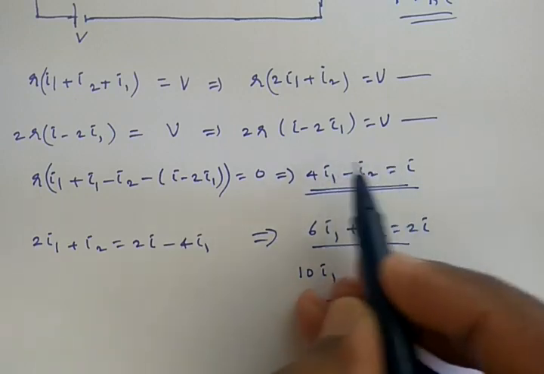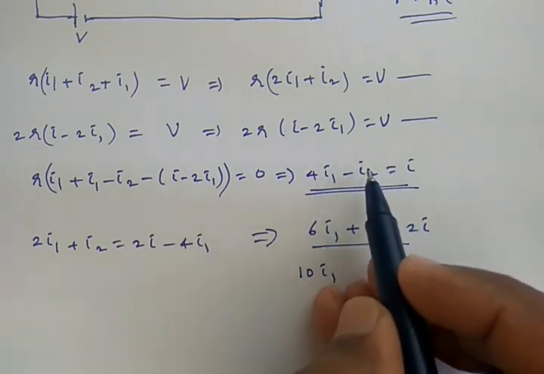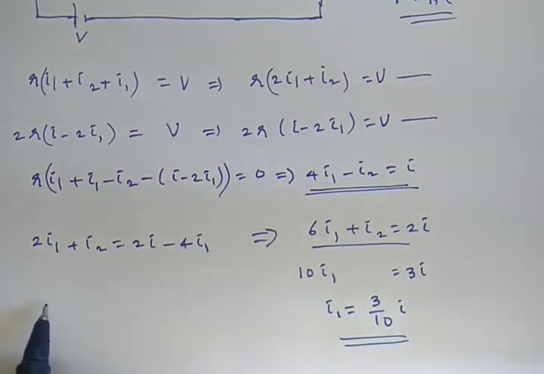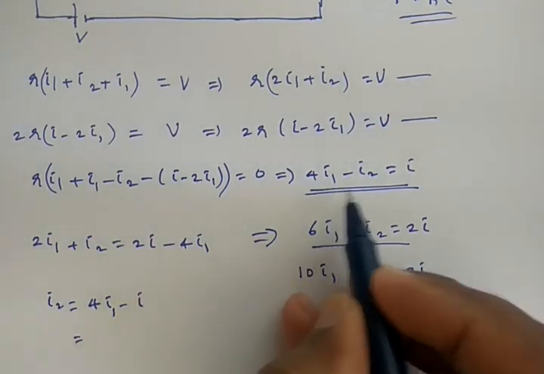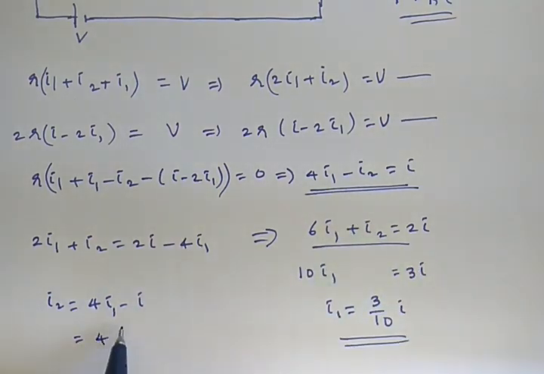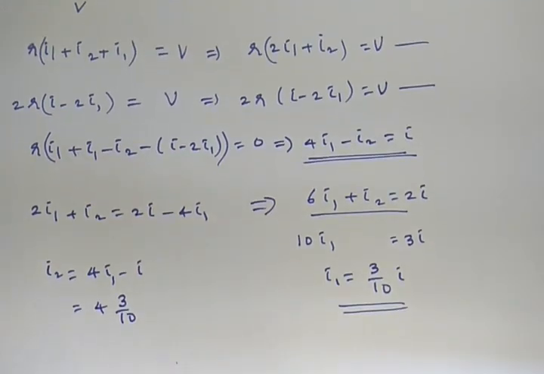From this equation, you can write I2 equals 4I1 minus I, that is 4 into 3 by 10 I minus I, that is 4 into 3 is 12, and 12 by 10 I minus I, that is 2 by 10 I. So this is your I2.